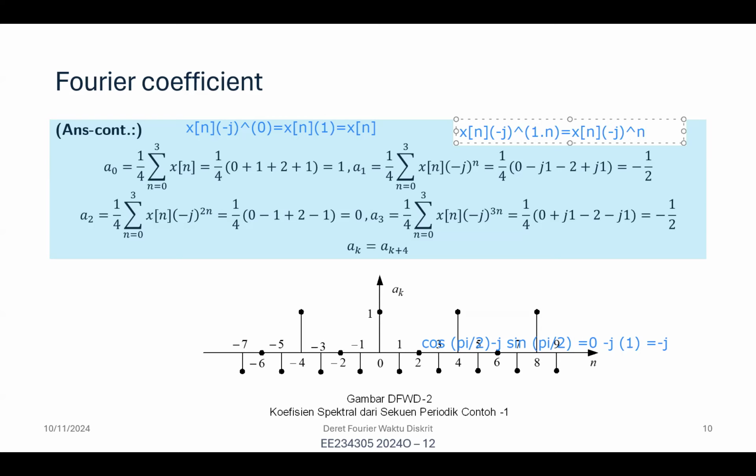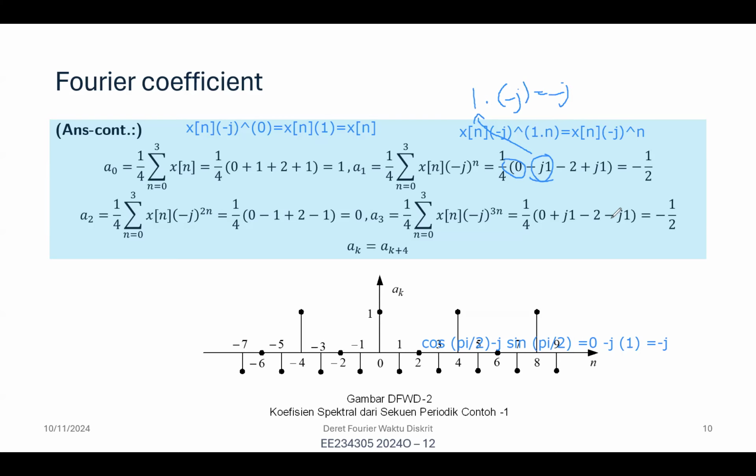For example, if x[n] is 0, we don't need to worry because this is already 0. But for this one, which is, for example, 1, it would be 1 times minus j to the power of 1, which is minus j. See that? It's the same.